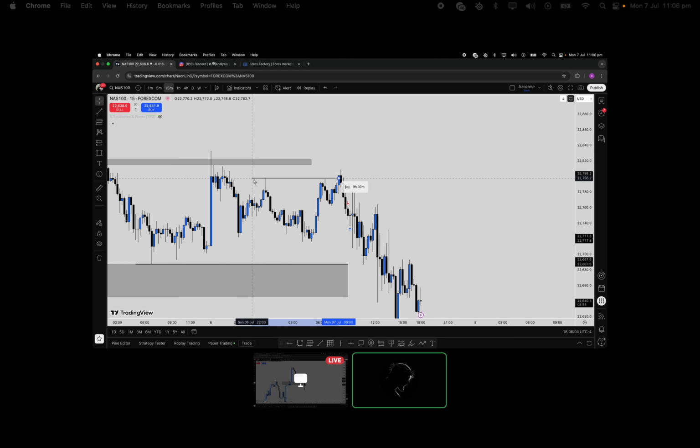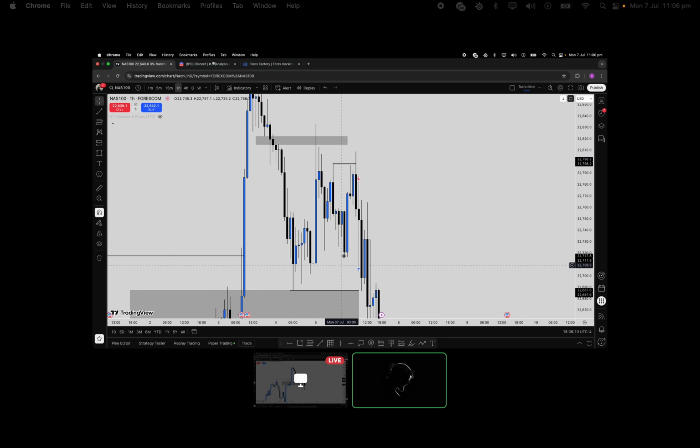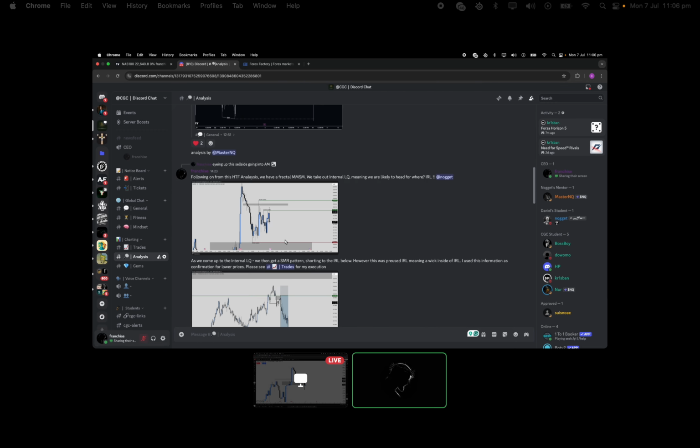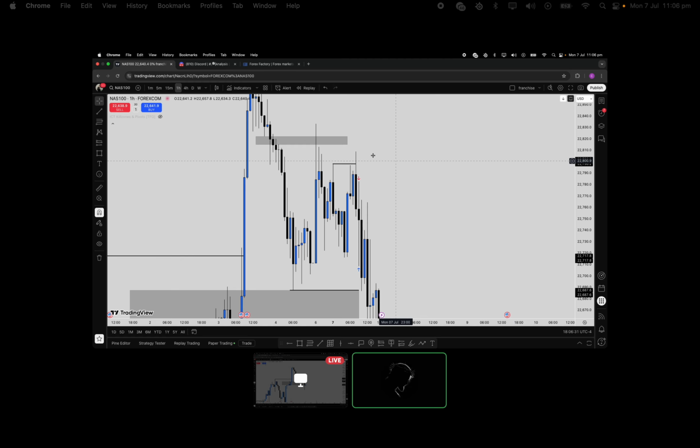Now I do want to show you what I meant by it was a mitigated IRL target, hence why we could go lower. I will just show you this here. As we come up to the internal liquidity, we get an SMR pattern. However, this was pre-used, meaning a wick inside the IRL. And usually we want to target a fresh, unmitigated one.